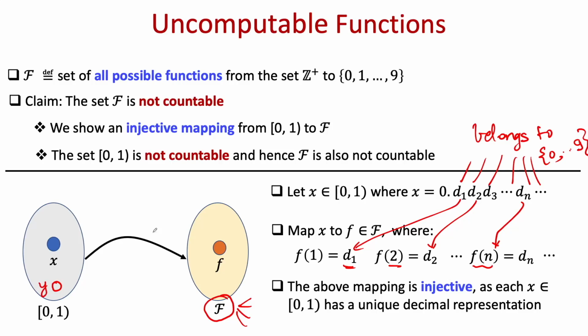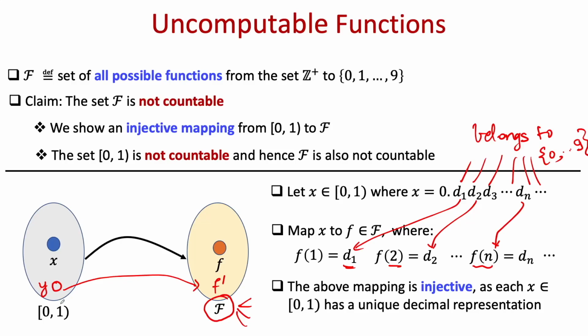So x will be mapped to f and y will be mapped to a different function f dash. You can't have two different numbers x and y getting mapped to the same function f. So that's why clearly this function is an injective function.